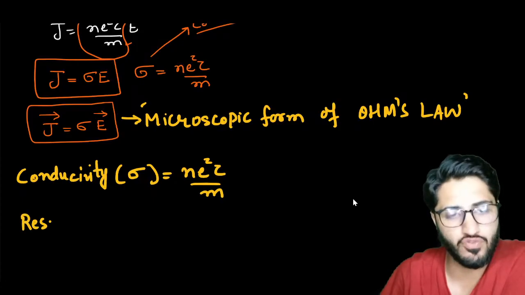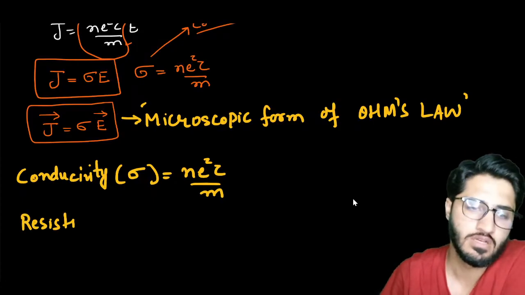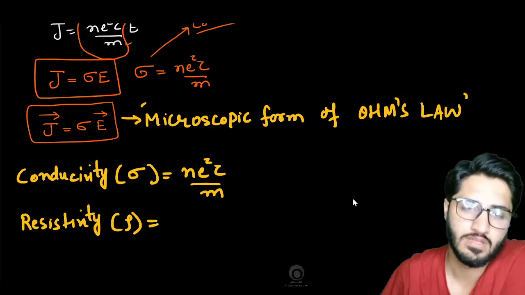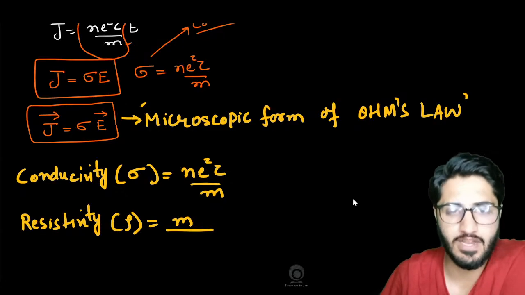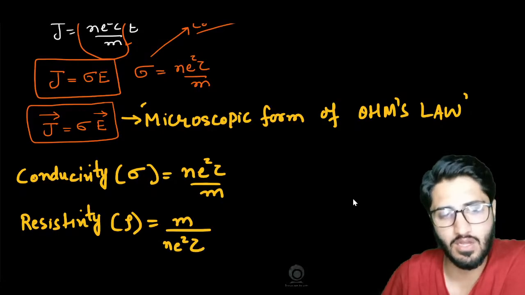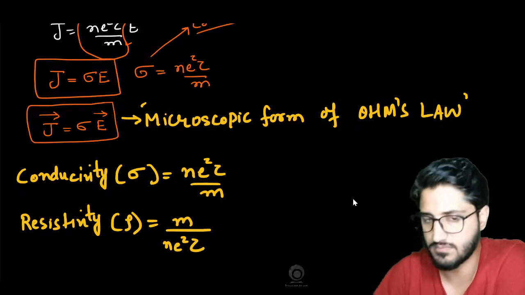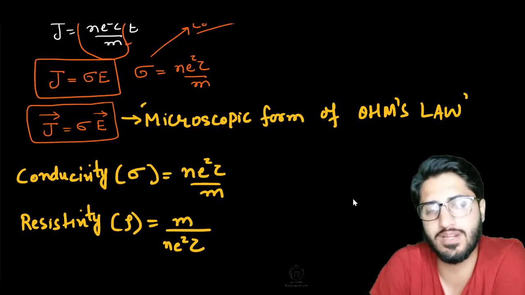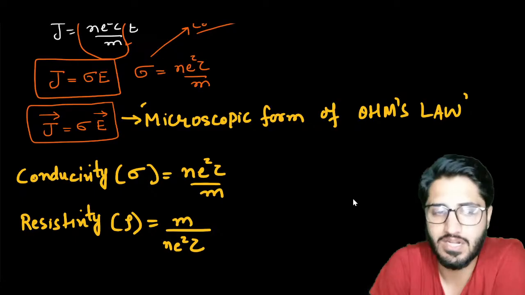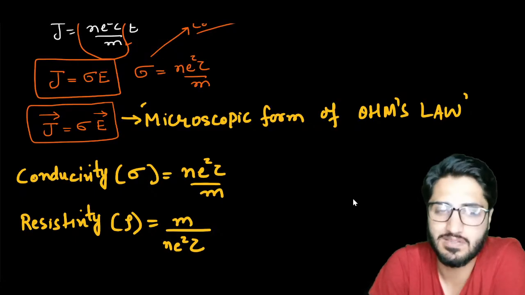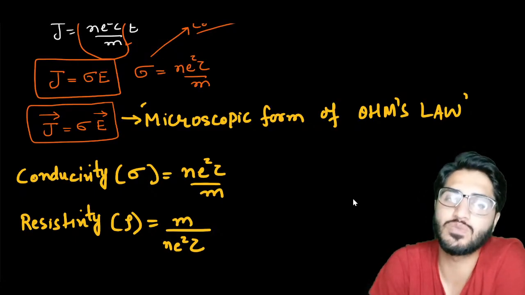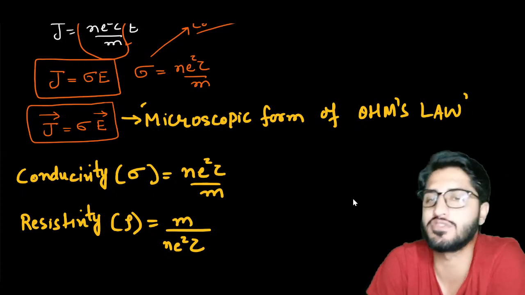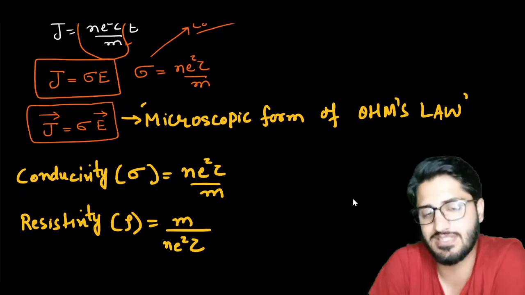Resistivity means opposition to the flow of current, so it would be m divided by n e square tau. I guess you have got these terms in your 10th standard. If the length of the conductor is 1 meter and the area of cross section is 1 meter square, then the resistance is the resistivity.